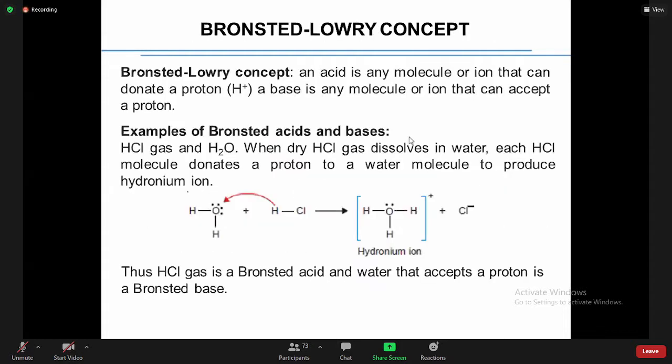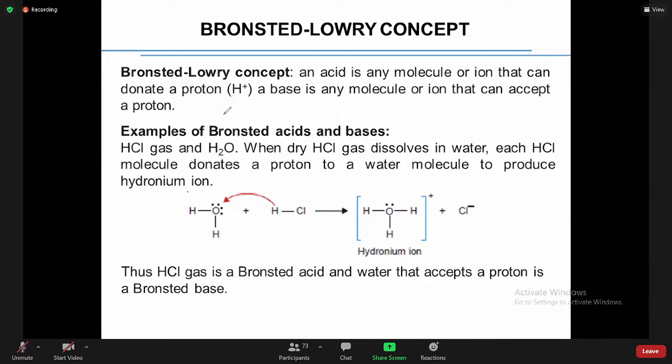Yes, sir. Okay, the next one is the Bronsted-Lowry concept. Who can tell? Sir, according to Bronsted-Lowry, an acid can donate a proton and a base can accept a proton.